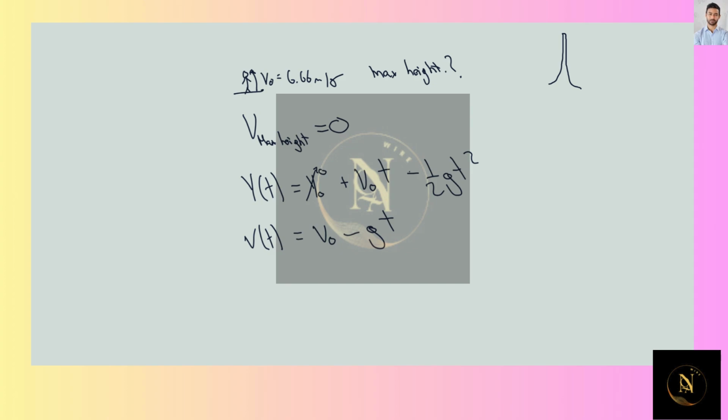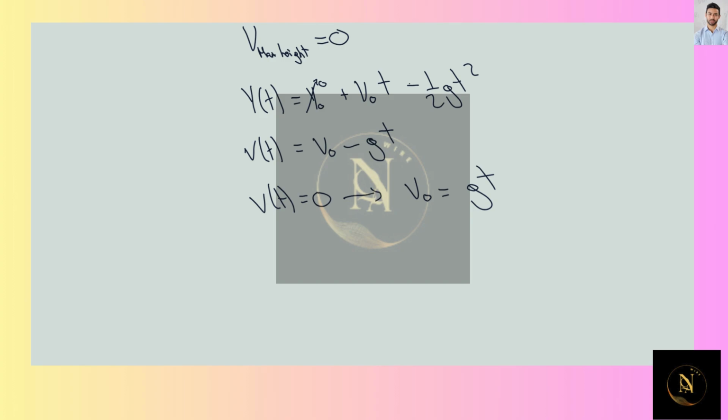So, since the velocity needs to be equal to 0, what is going to occur is that v0 is going to be equal to gravity times time. So, the time at which we're going to reach maximum height is equal to v0 divided by gravity. In this case, it is going to be 6.66 meters per second divided by the value for gravity.